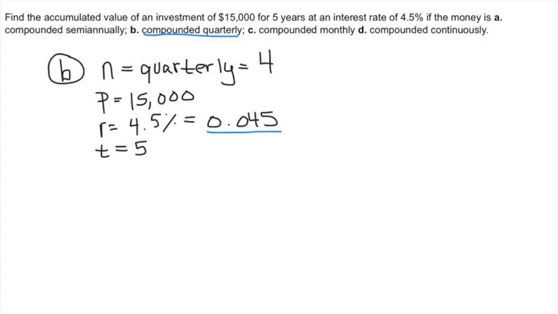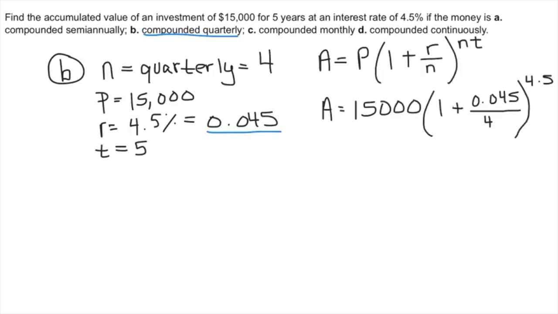So we have 0.045, and then T, the number of years, is 5. I'm going to take those values and plug them into my formula for A. So I have A equals 15,000 times (1 plus 0.045 divided by 4), all raised to 4 times 5 power.